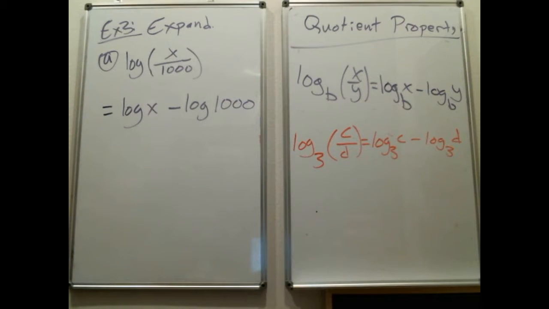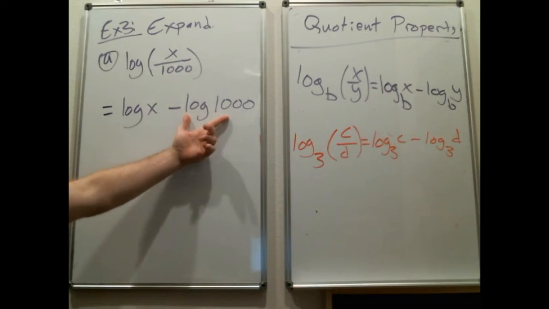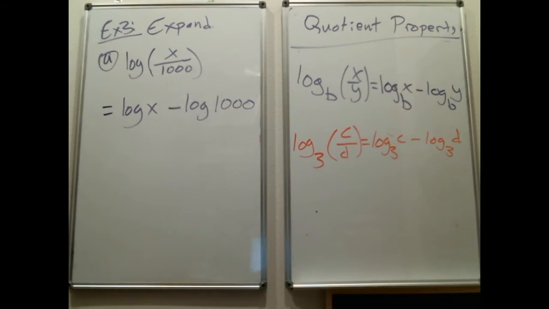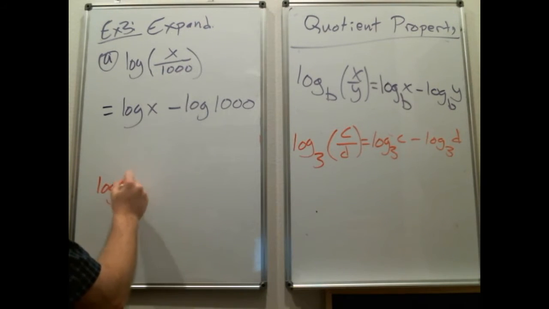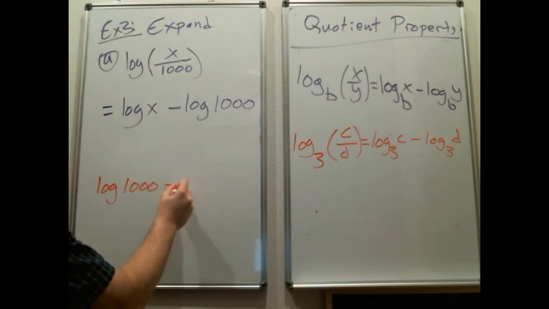So if you were to stop here, you wouldn't get the correct answer in Connect Math because this can be simplified a little bit further. Now, if you can't see what that answer is, how do you find it? You set it equal to something. So you say log of 1000 is equal to m.